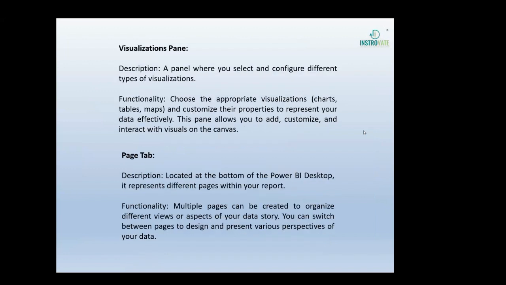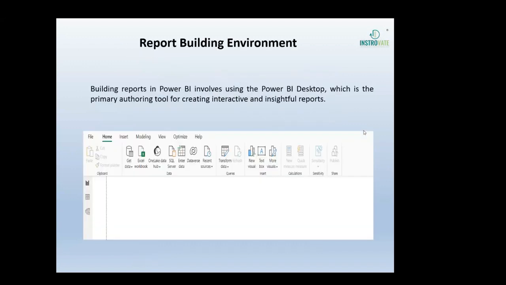Now the page tabs. They are located at the bottom of Power BI Desktop and represent different pages within your report. Let me show you once again. This is your canvas, and at the bottom of the canvas you will find the pages option. Here you will see how many pages are in your report, and you can also rename the pages.